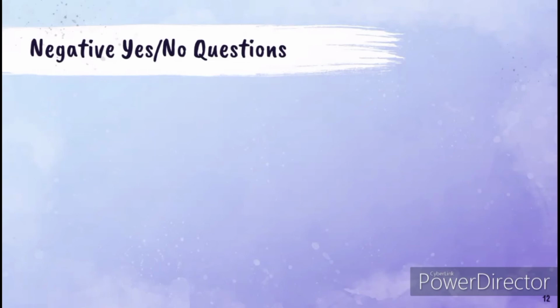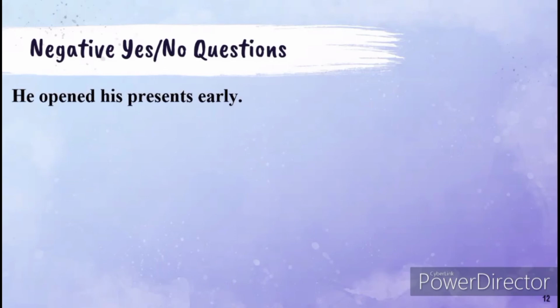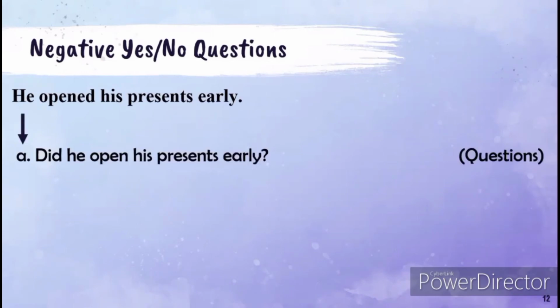Let's take a look at this sentence first. He opened his presents early. For letter A, did he open his presents early?